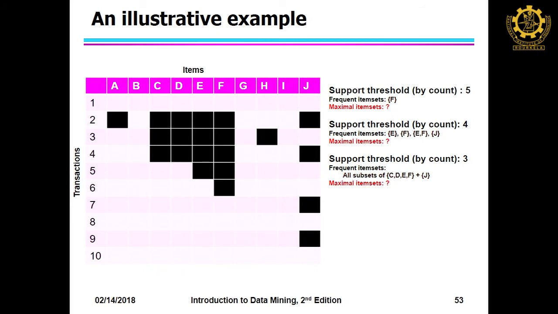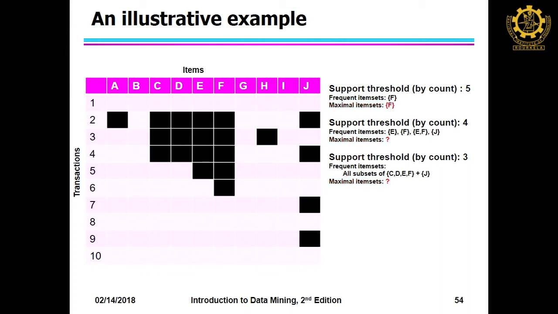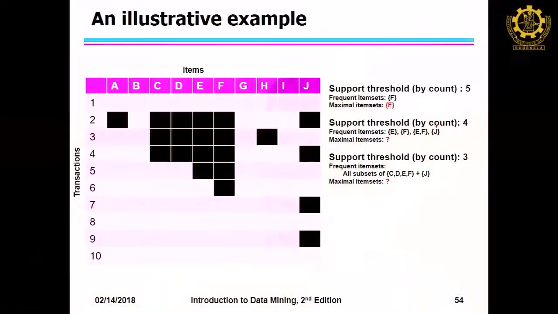Now, find the maximal item set. If the support is 5, what will be the maximal item set? F. Now, if the support threshold is 4, what will be the maximal item set? J, since none of J's immediate supersets is frequent. So J will be there.